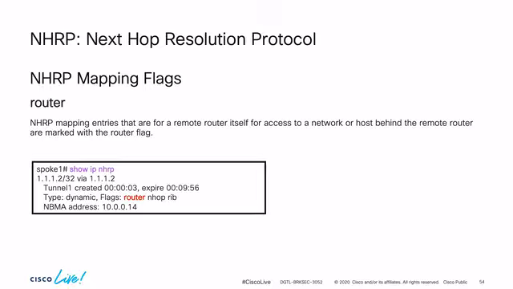These mapping entries are for the remote spoke itself, which we need to go across to access a network or a host behind that remote router. This is more common in spoke to spoke communication, where you would see this flag being used.